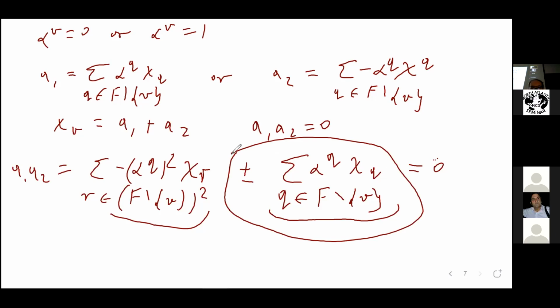Okay, and what I'm telling you is that if here we would have an edge, then alpha q times chi q, where q is an edge, cannot be annihilated by anything in the other summand, because in the other summand there are no edges. So because of linear dependence, I can conclude that there are simply no edges in this set f minus v.